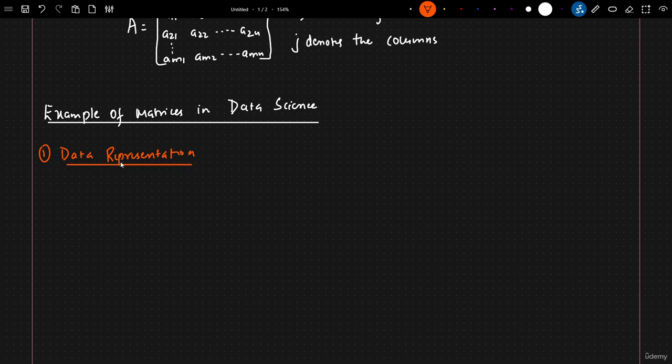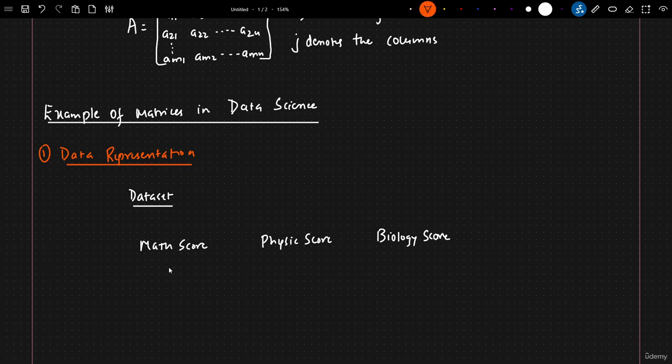Now, what do I mean by data representation? Let's consider that I have one specific data set. Let's say this is my data set. In this, I have a feature called math score. I have a feature like physics score, and I have another feature. Let's say over here, I will write biology score, okay. Now, these are my features in a specific data set.